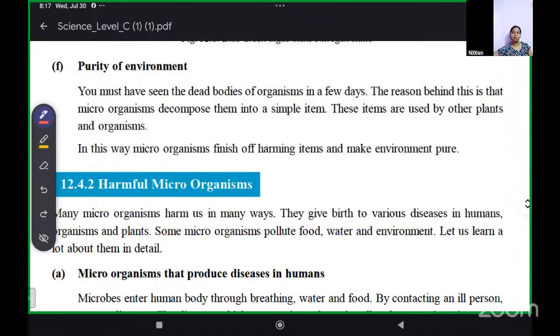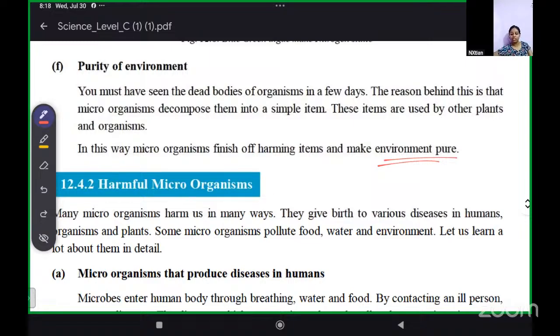So the soil becomes more nutritious and more fertile, which is good for the plants. In this way, microorganisms finish off harmful items, and this also makes the environment pure and clean once again.